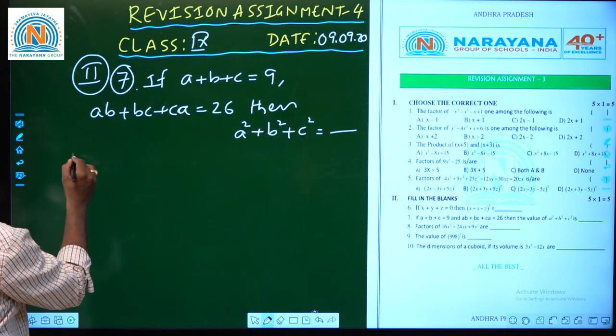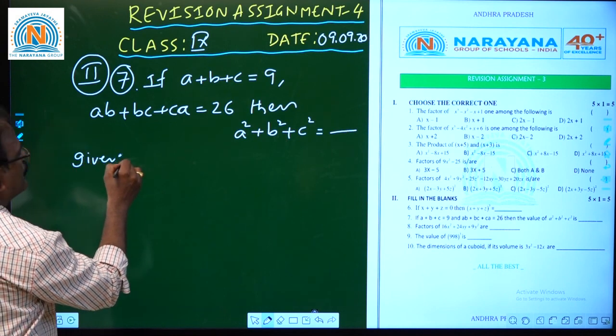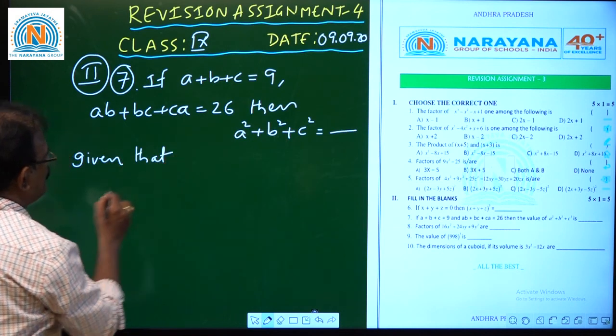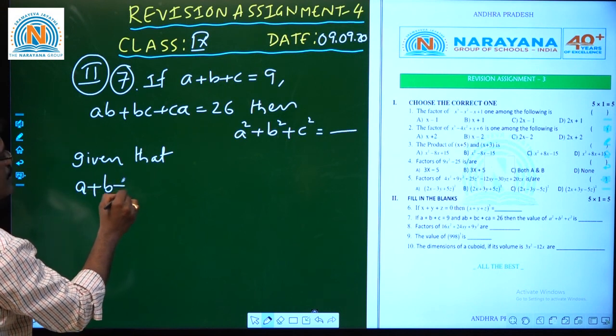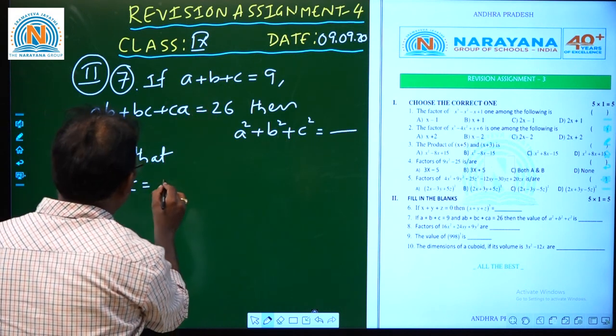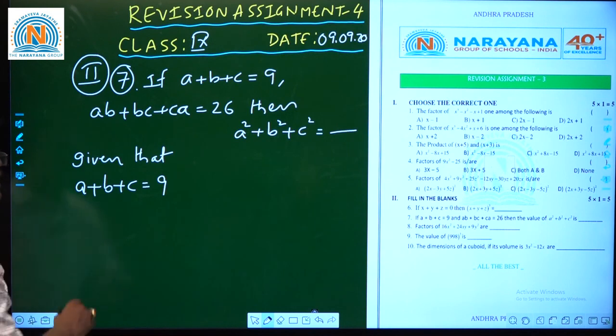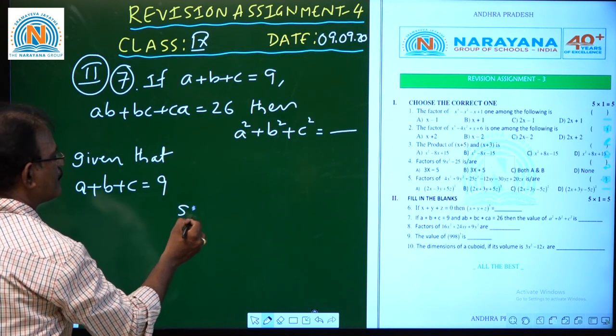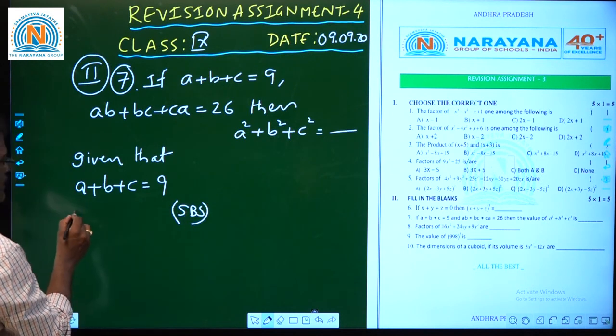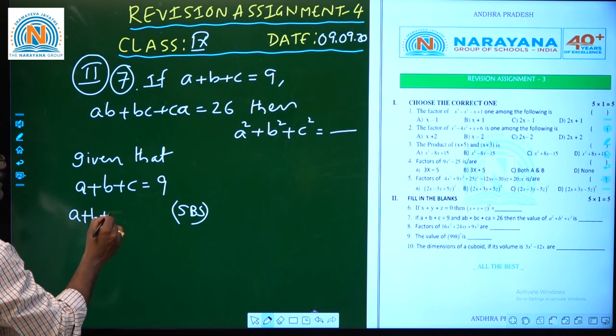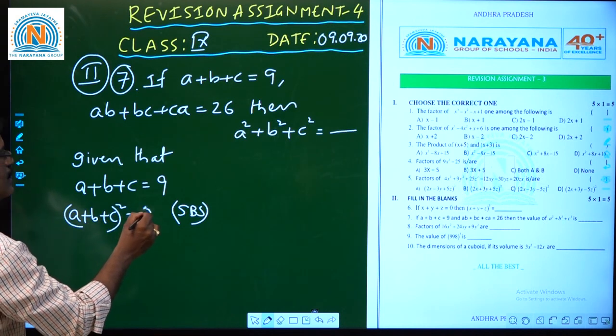So given that a plus b plus c is equal to how much, children? 9. Okay. Now squaring on both sides, that means (a plus b plus c) whole square is equal to 9 square.